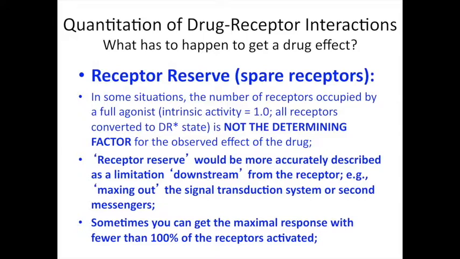They're not spare receptors. What is really different about the system is that some systems run out of signal transduction molecules and pathway after you reach a certain level of activation. So remember, we said, for example, norepinephrine activating a beta-1 receptor in the SA node of the heart.